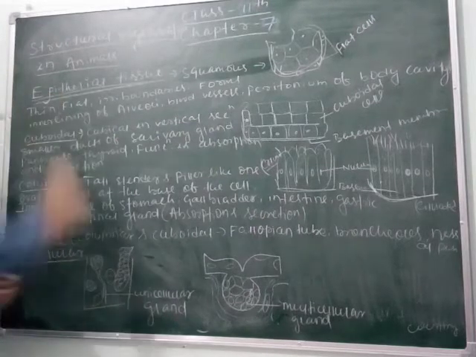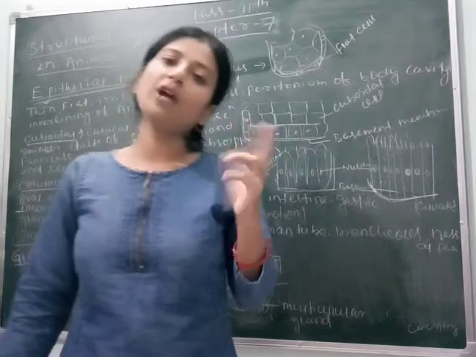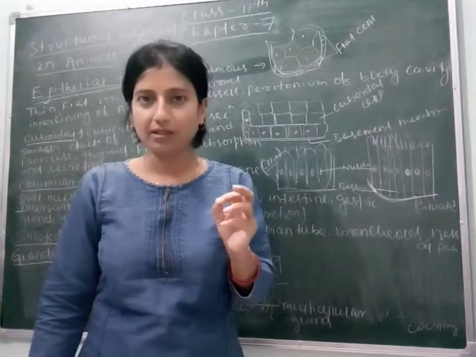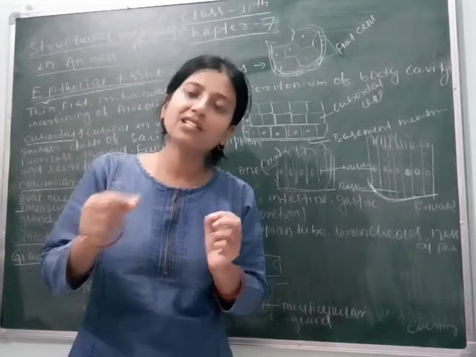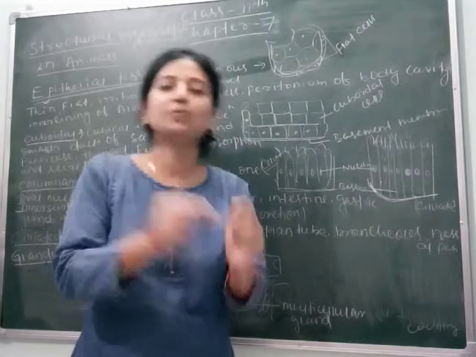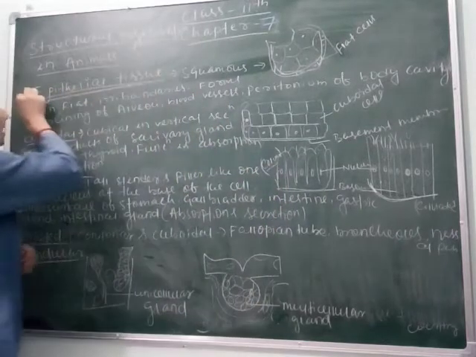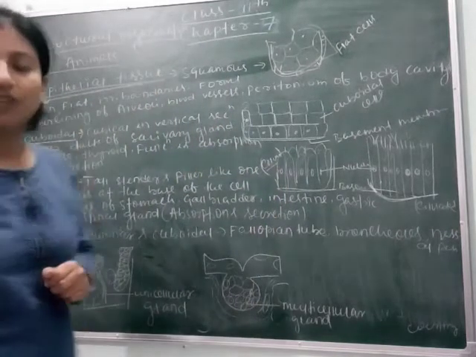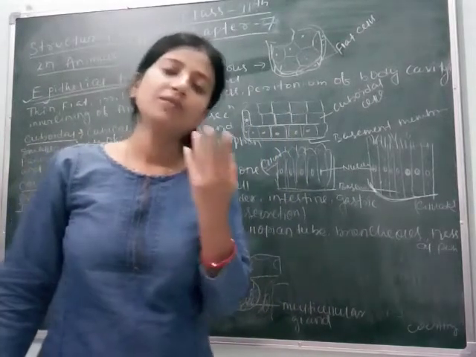Epithelial tissue, as we know, is of two types. One is simple epithelial tissue and another is compound epithelial tissue. Clear? Simple epithelial tissue is made up of a single layer of cells, whereas compound epithelial tissue is made up of multiple layers of cells. Simple epithelial tissue is divided into mainly three types, but here we will study four types.